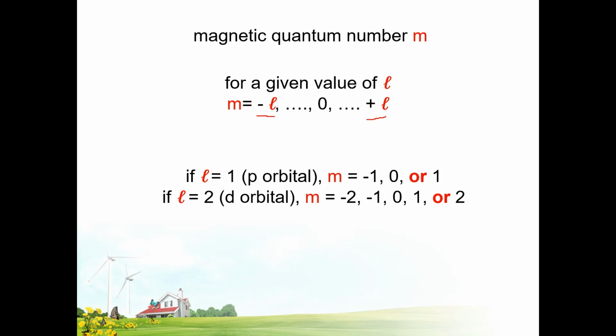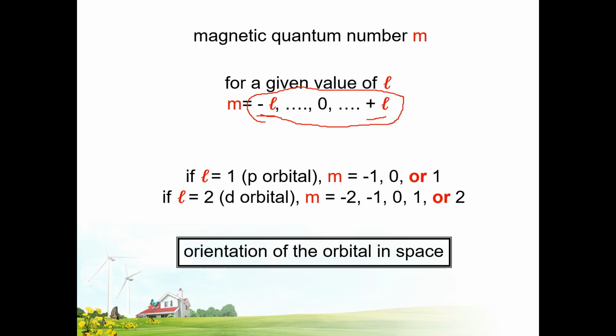Another example, if you have l equals 2, which is the d orbital, m is equal to negative 2, negative 1, 0, 1, or 2. Based on this, m indicates the orientation of the orbital in space. We will learn how to draw the orbitals after this.